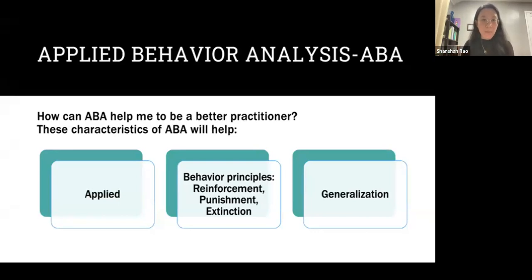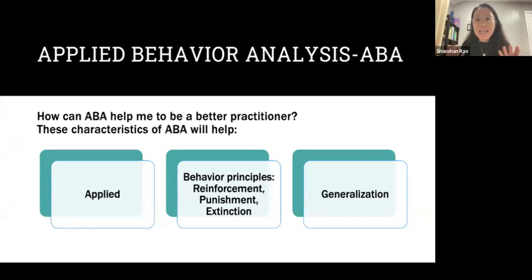And in my years of practice, when I have more experience, I really start to understand some key components of ABA that will help you to teach. So the first one is apply, right? Applied behavior analysis. So the first one, apply, what is it?